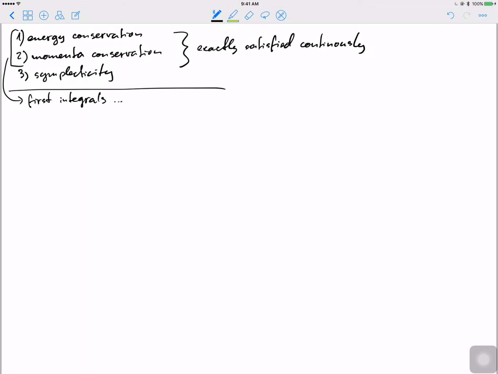And they are satisfied or conserved discretely. So if f is a first integral, in the continuous world, f of z of t would be constant, right?